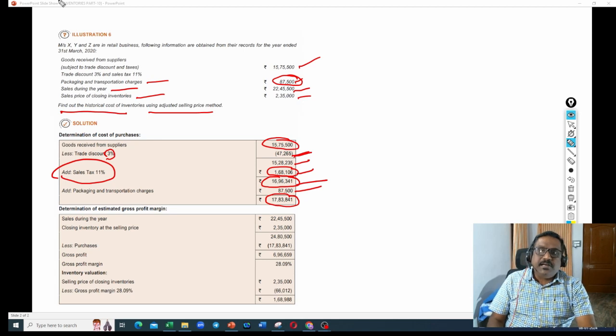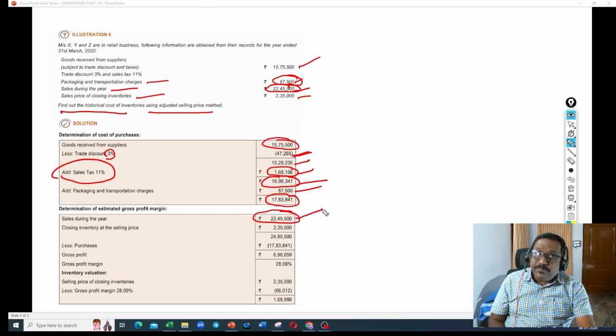Why is this required? This is required for calculating the gross margin. Why is gross margin required? Once you know the gross margin, you can calculate on sales price and arrive at what should be the cost. Simple. So now, you know the sales value they have given, 22,45,500.